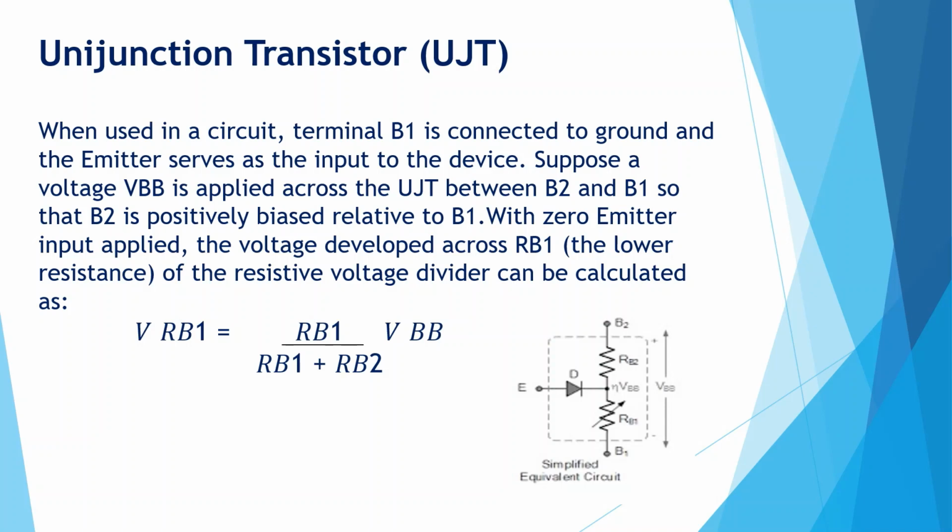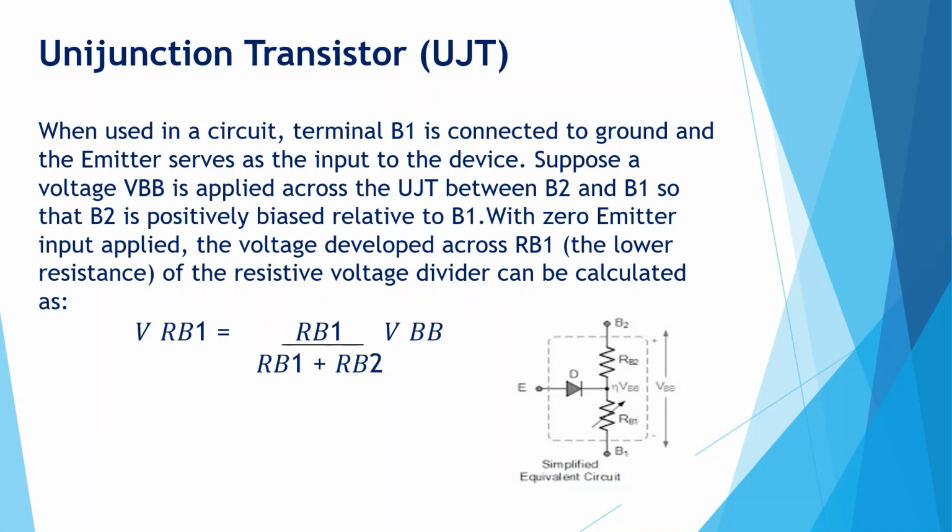Unless an emitter potential is applied, the PN junction will be in reverse bias condition, and no current will flow through the device. That means the device will be in the off state.